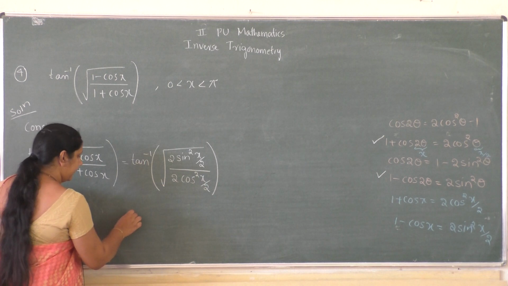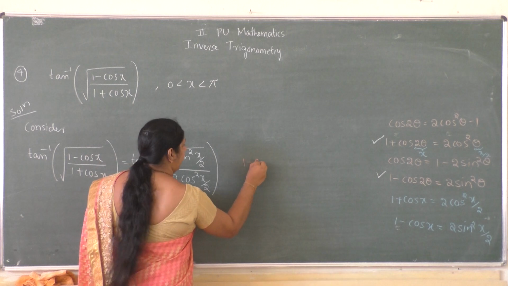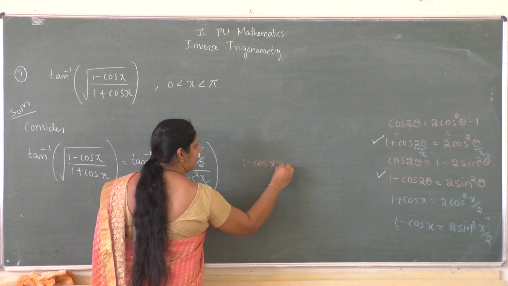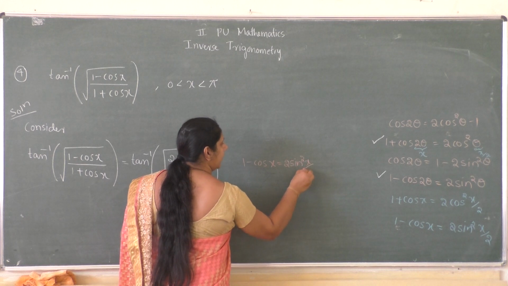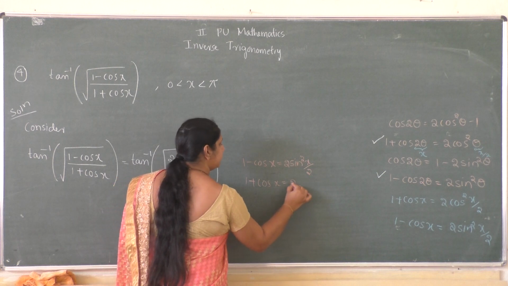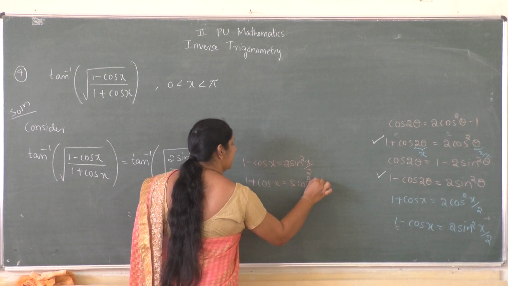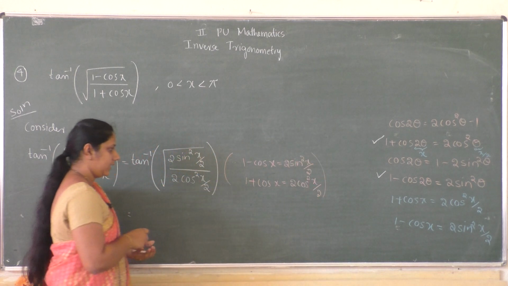Now we will simplify this. Here write the reason: we have 1 minus cos x equal to 2 sin square x by 2, and also 1 plus cos x is 2 cos square x by 2.